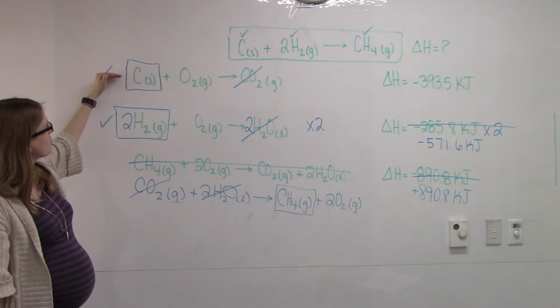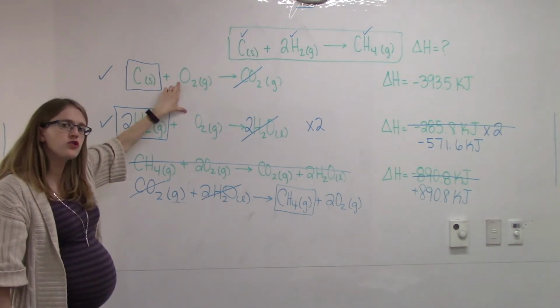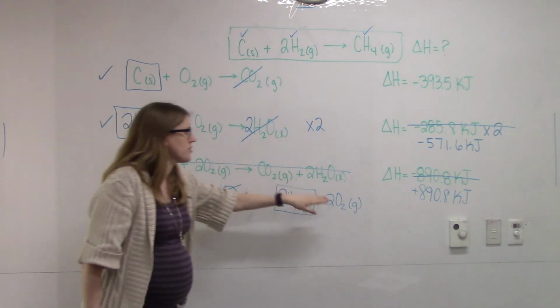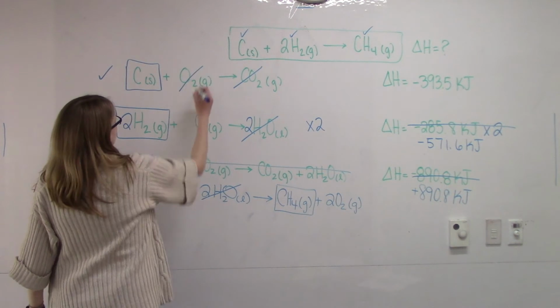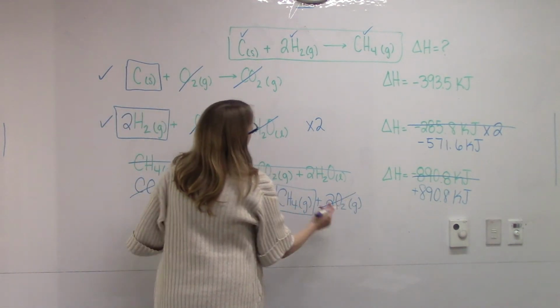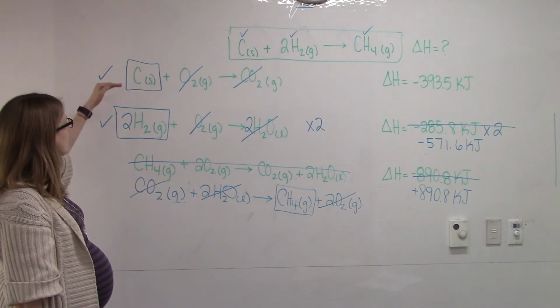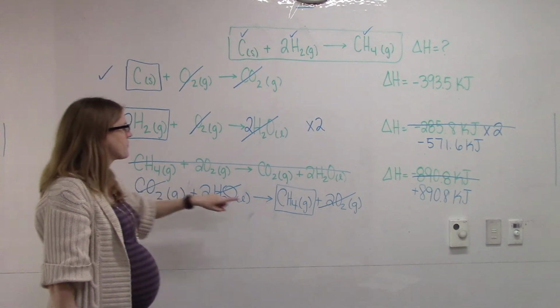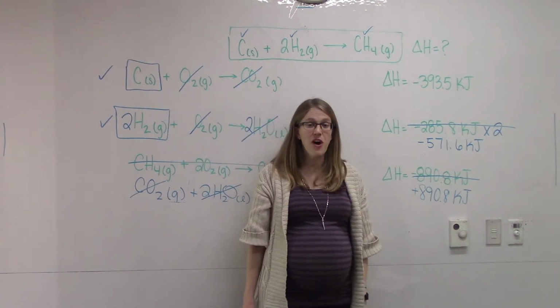Will you admit that if we added these 3 reactions, the reactant side would end up being 2O2? And look at the product side, 2O2. Do you see that those also cancel? So if we add these 3 reactions up, we end up with carbon plus 2H2 yields methane. And look, that's the reaction we want.